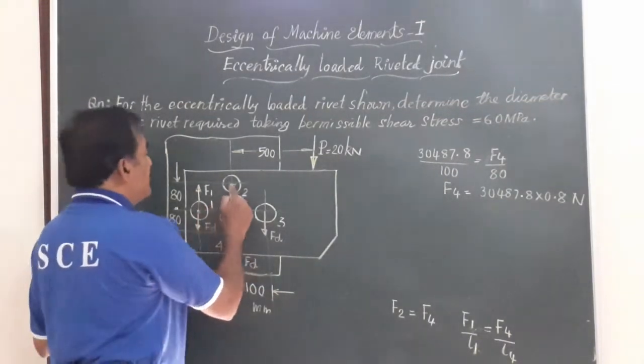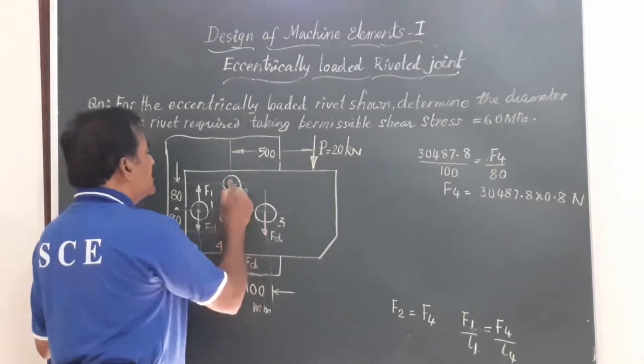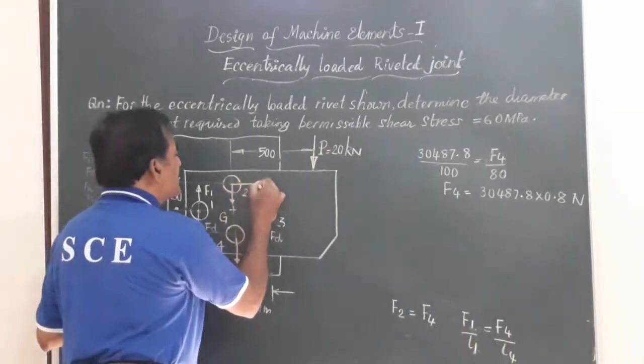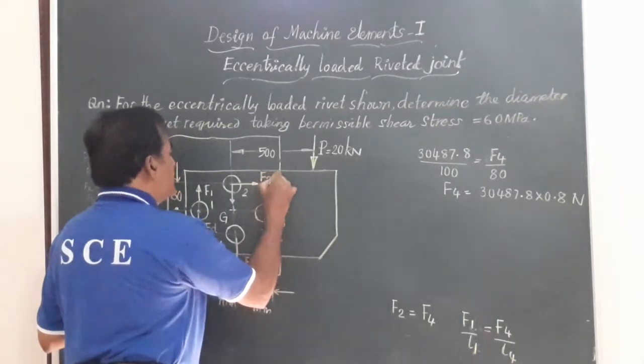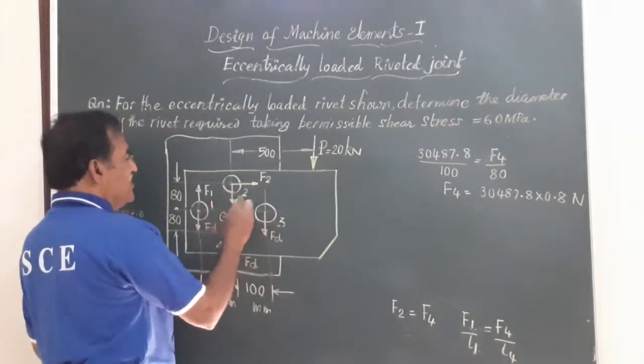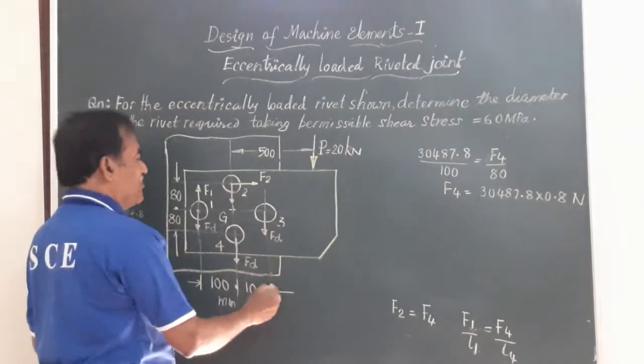Similarly, come to this rivet number 2. So this is our L2. This F2 should act perpendicular to this L2 so as to produce a clockwise moment.